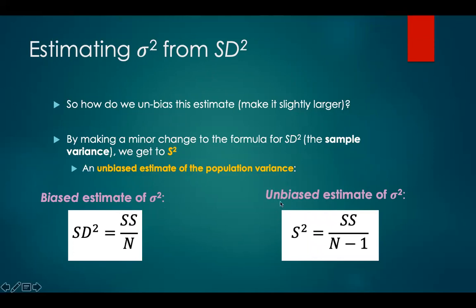But to unbias this estimate and to make this estimate S squared slightly larger than SD squared, we divide the sum of squares, or the sum of the squared deviations, by n minus 1, or your sample size minus 1. So S squared is this unbiased estimate of the population variance, and the only tweak here is that we are changing the denominator from simply the sample size to the sample size minus 1.